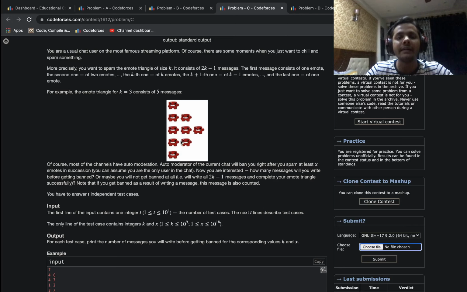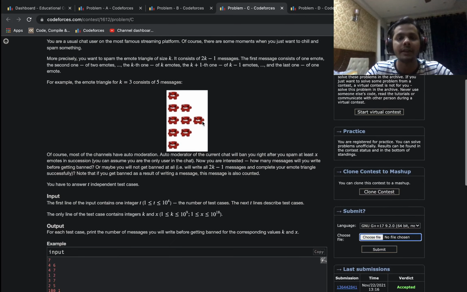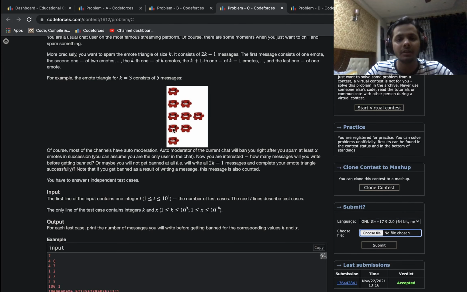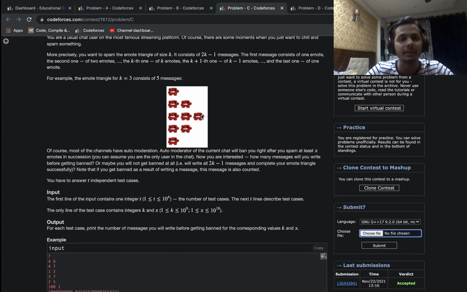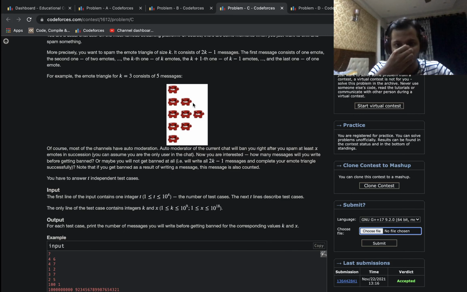So in the first line there is 1 message, in the second line there are 2 messages, and so on. In the kth line there are k messages, then in the k plus 1th line there are k-1 messages, and in the k plus 2th line there are k-2 messages, and so on up till 2k-1. So this is what is going on.